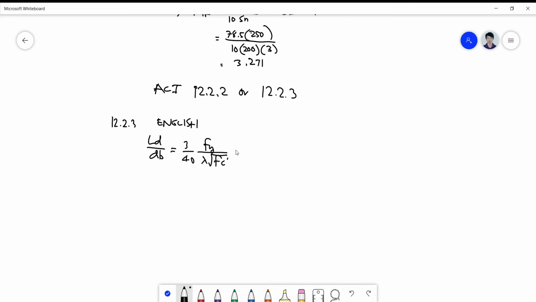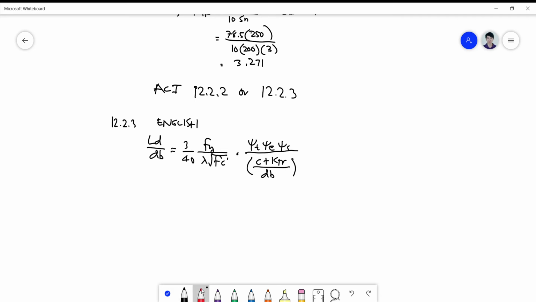Okay, and then we have here a psi. The factors of safety are psi t, psi e, and psi s all over c plus ktr over dv. Okay, so this is the formula.